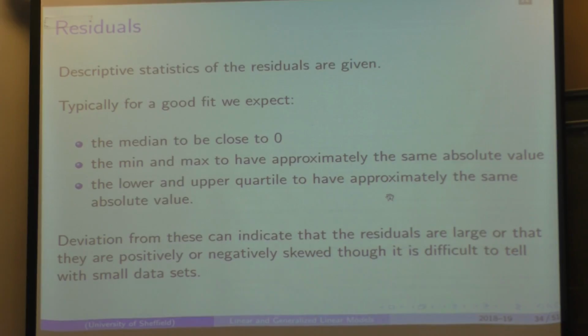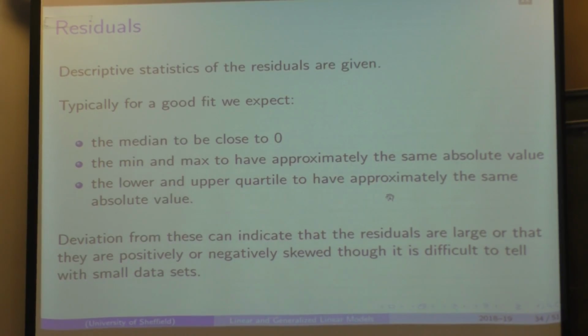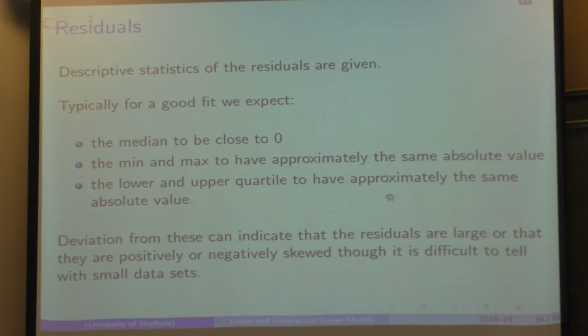So in particular, they could be positively or negatively skewed. However, as I said earlier, if your data set is small, then it's not really that easy to tell. So you might get something which might look alarming, but because the data set is actually quite small, it isn't really. It was just a bit of bad luck.